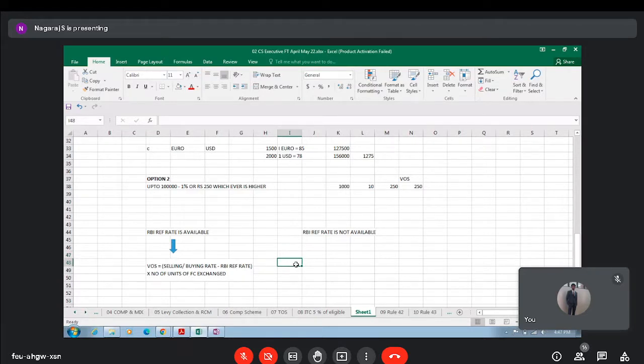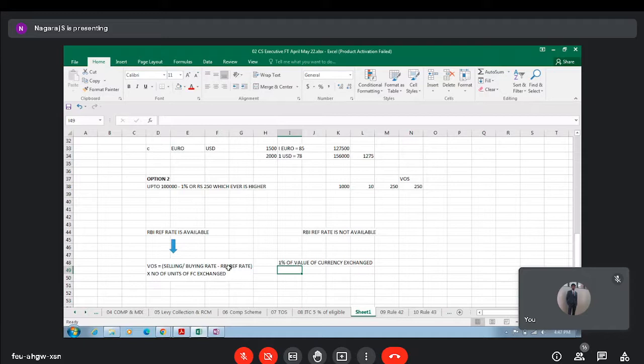In that case, 1% of value of currency exchange. That means you are selling or buying at 72 rupees per dollar and you are exchanging $2,000. 2,000 into 72 multiplied by 1%.